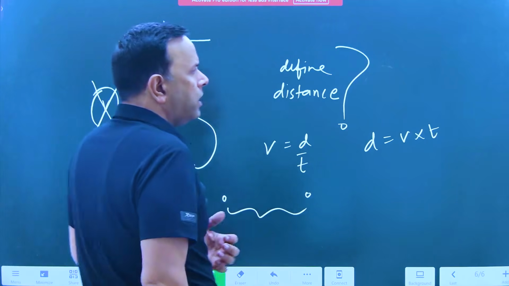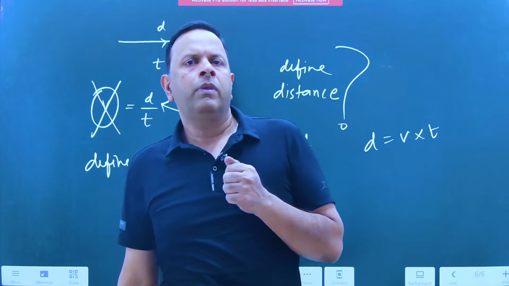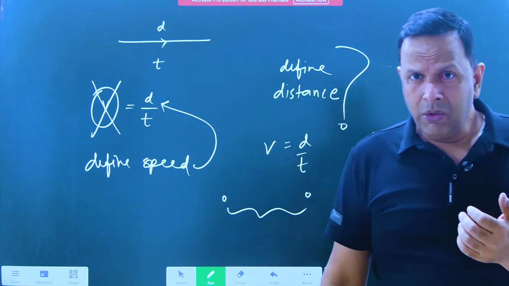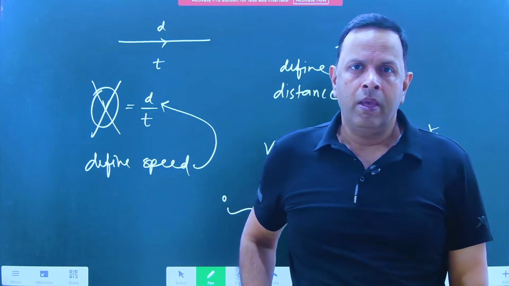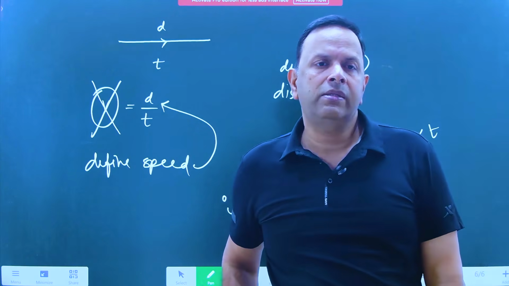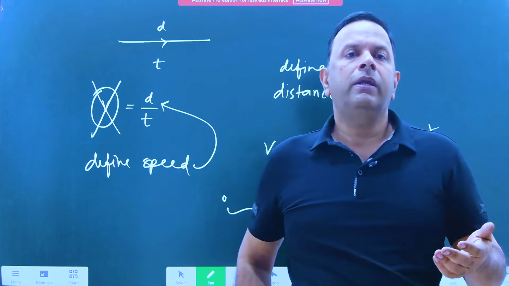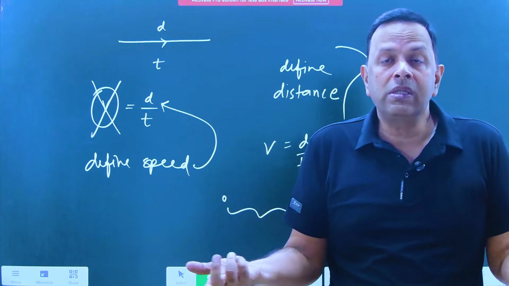Fine. Think a little deep. Are you explaining the distance or are you simply using some synonyms? Explanation is something else and the synonyms are something else. So, yes, if you say it is the gap between the 2 points, my question is now, what is gap?